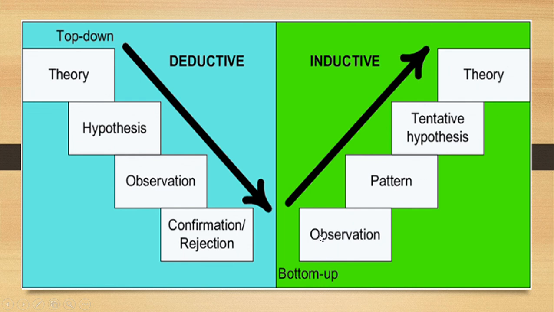Deductive is from the theory to hypothesis, to observation and confirmation, from top to bottom. On the other hand, inductive starts from the bottom up: from observation to pattern to tentative hypothesis up to theory.